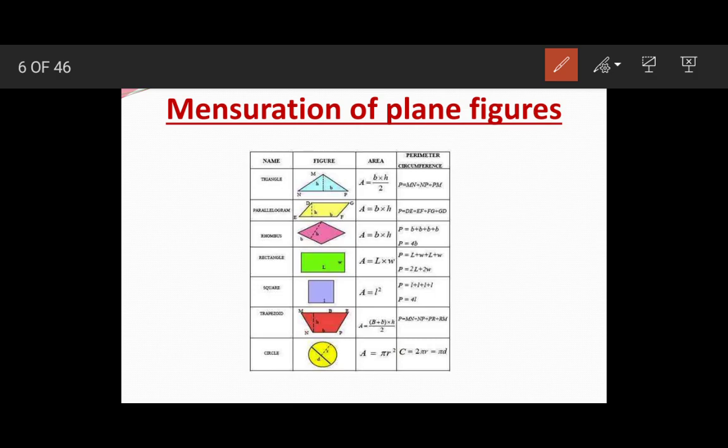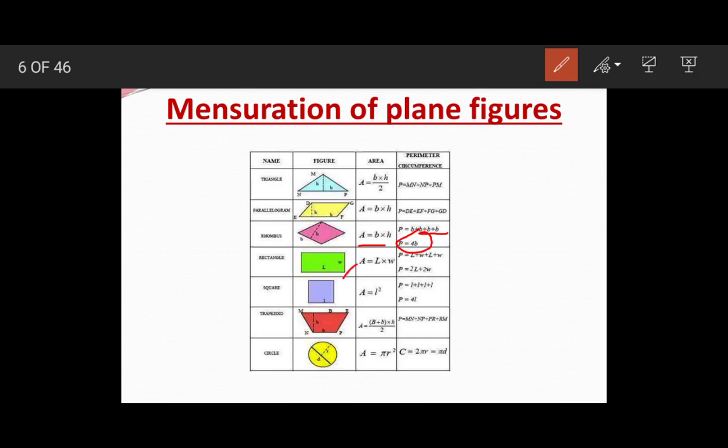For rhombus, area is base into height. Perimeter is again the sum of all the sides, but for rhombus all sides are the same, therefore perimeter is 4 into side.